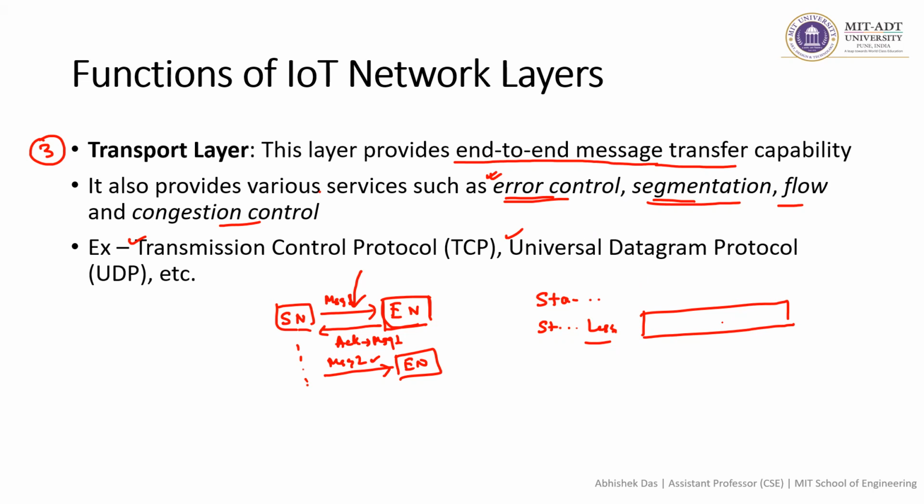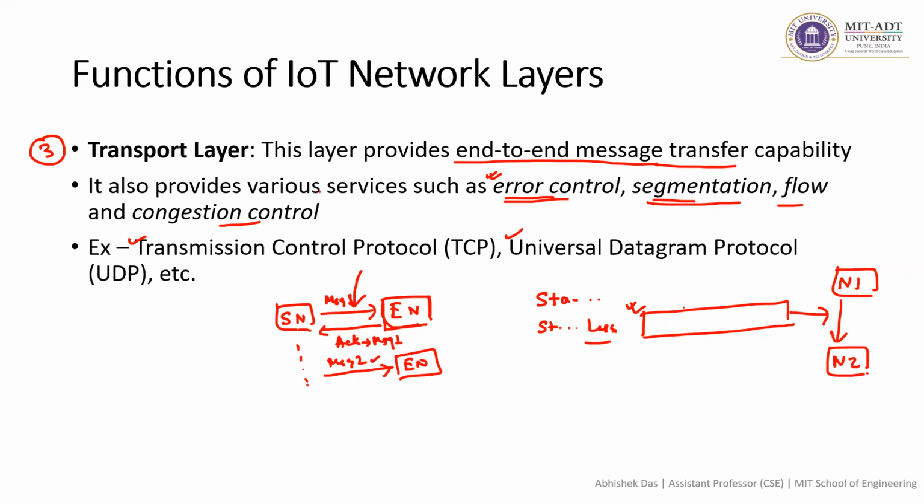This data will have to be transferred from node 1 to node 2, or device 1 to device 2, whatever you say. Then transferring this whole amount of data at once is not possible, or it is very tough.